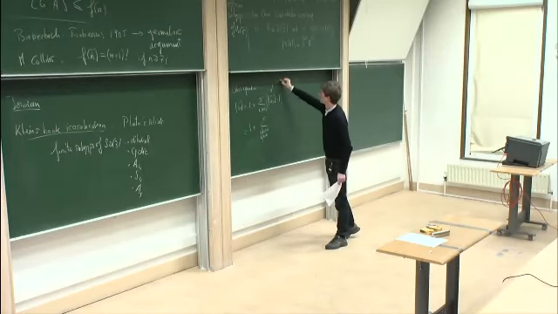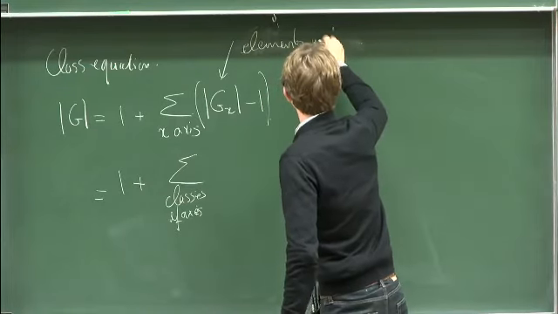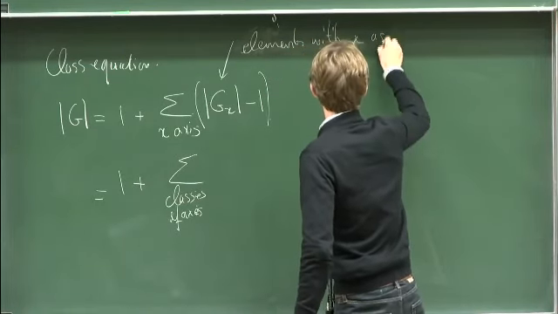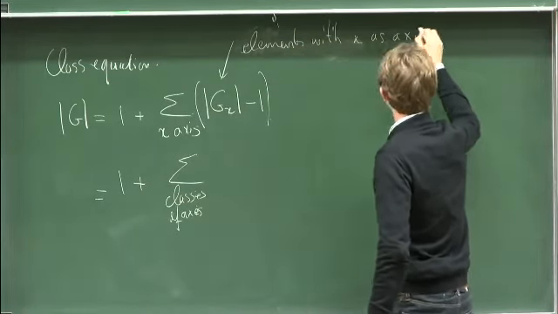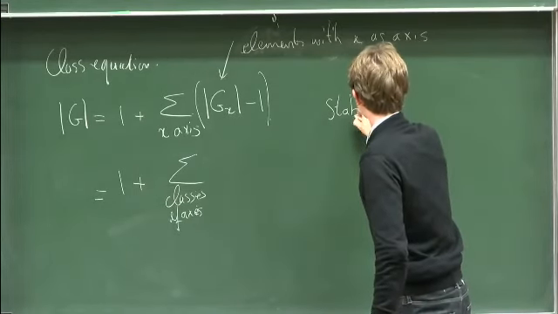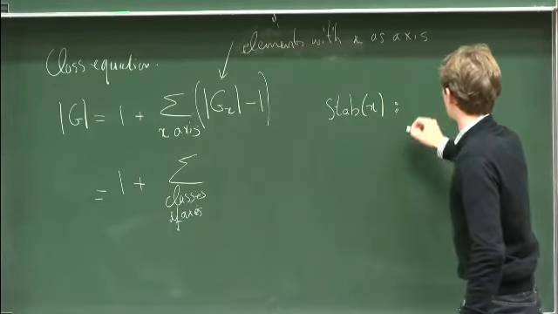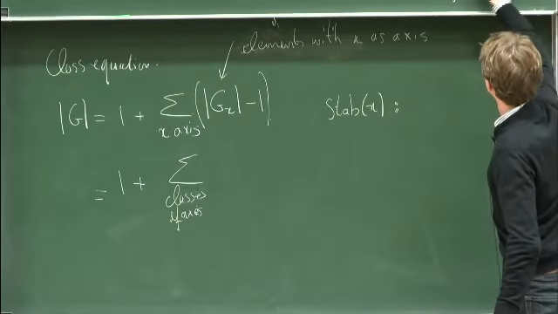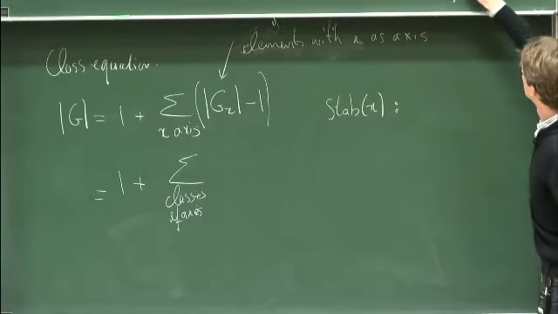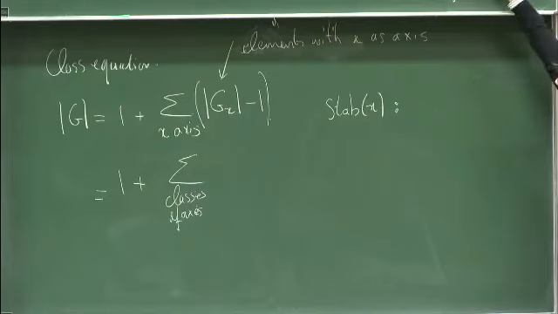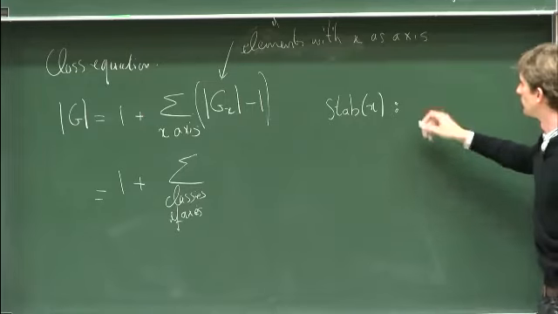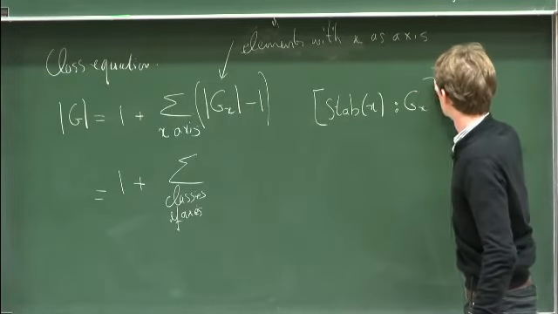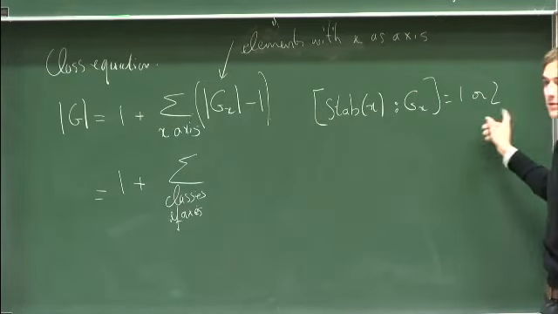These are the elements with X as axis. If you have an axis, you may have another rotation of angle pi, which flips the two, but then it will have a different axis than this one. So in fact, this index is either 1 or 2, whether you flip or you don't flip.